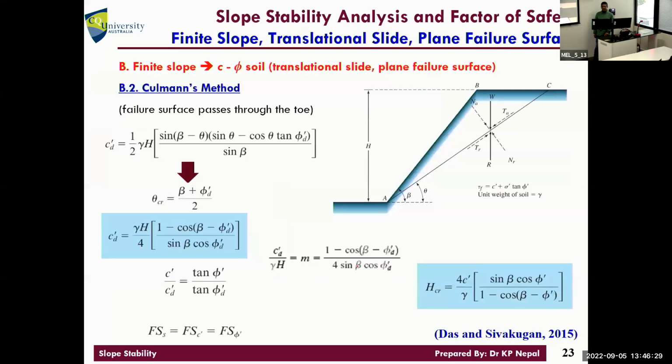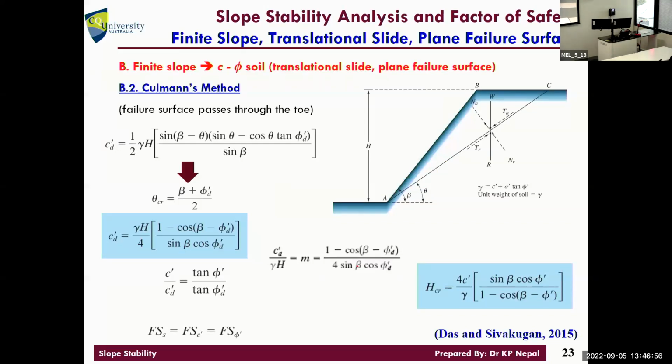So now that's the second method, the Coleman method for swell. In that case, failure always passes through the toe. That's the polar line with exit angle of theta, and beta is the slope angle. You gotta get all this data correctly, and then use this formula.